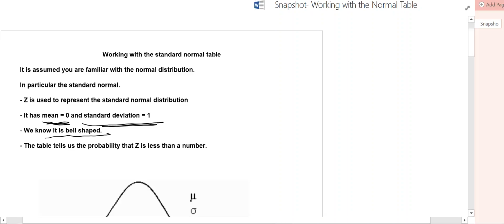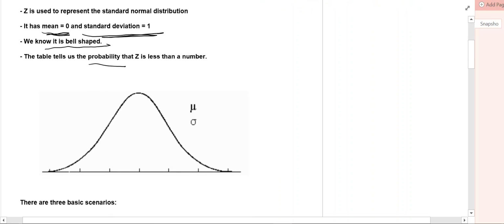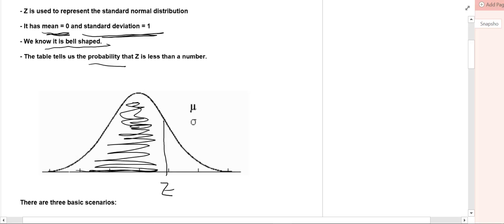So the important thing about the standard normal is that we have a table we can work with in order to compute probabilities. But you have to realize that the table is telling us the probability of being below a particular number. So if I have a number z, the table is telling me the probability of being below that number, which is the area underneath the graph.